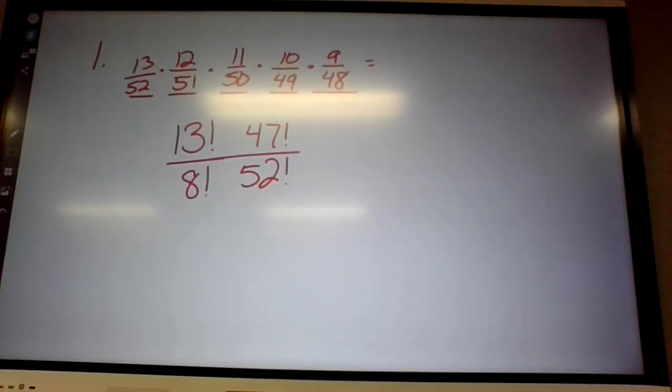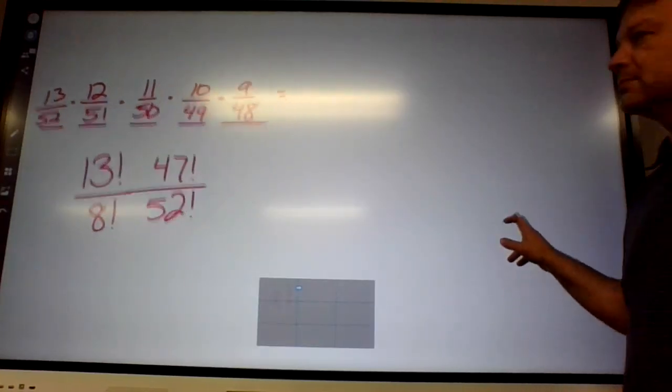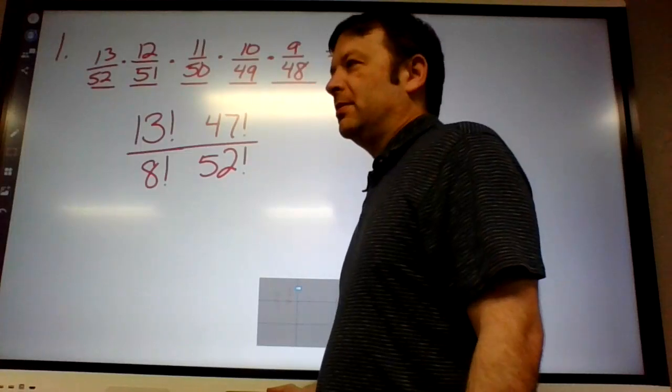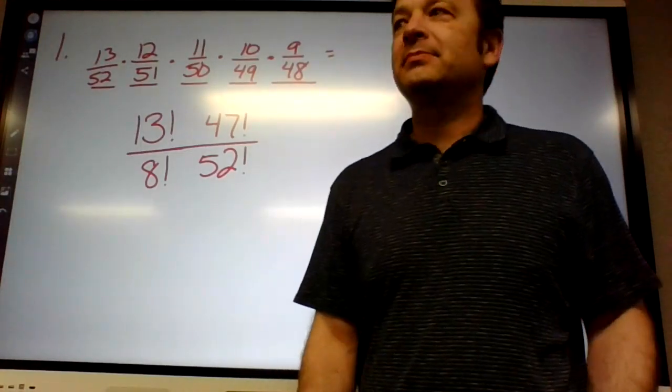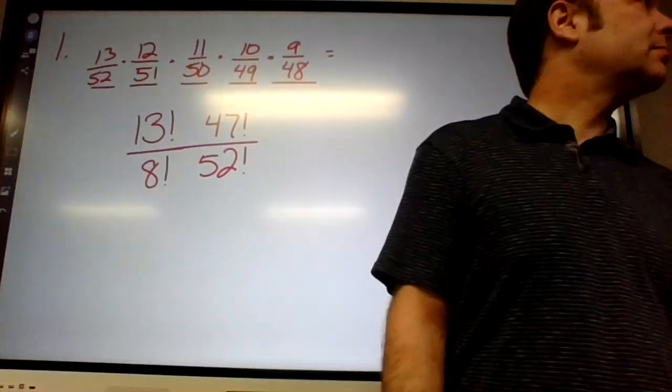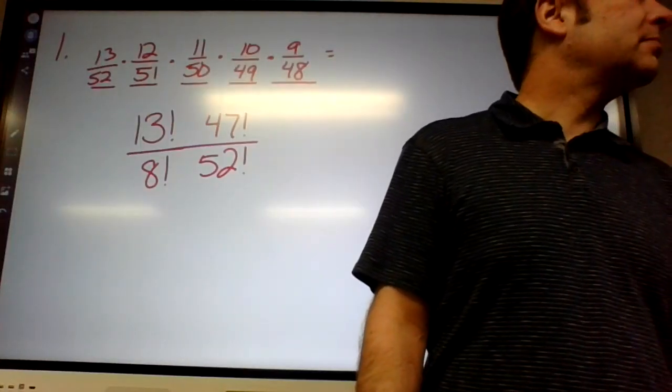So they cross multiply. That's why I said... Grant was saying it was 52 over 47 factorial. You said the large one goes on the top. And I knew it. I was trying to tell Grant how to do the problem, and he would not listen. I'm just not going to show up on Friday.